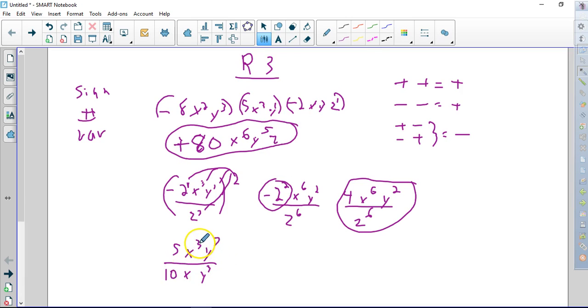Technically what you do is you would subtract, and you would get 3 minus 5, which is negative 2. And you'd have a negative 2 on the top. The problem with that is you can't have negative exponents, and we need to move them to the opposite place.